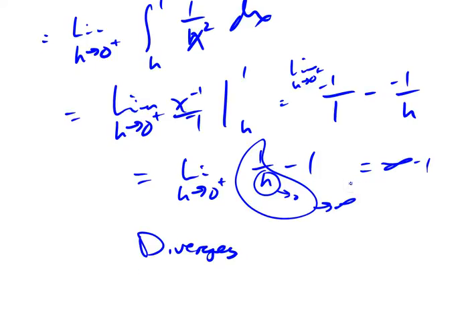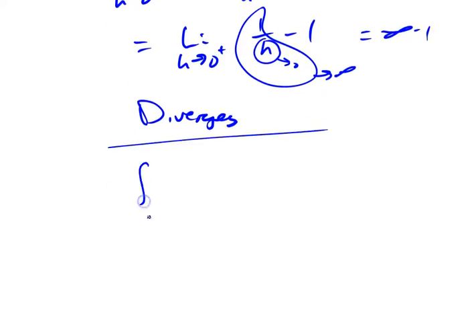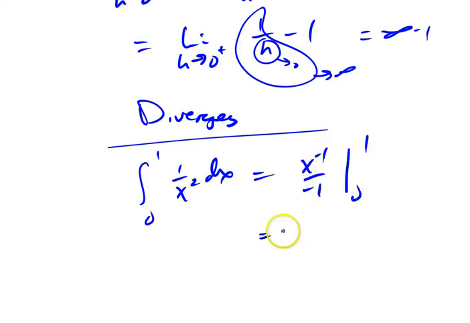Like the other one, I sometimes don't write the limit. The way I would notate this is just the integral from 0 to 1 of 1 over x squared dx integrates to, again, x to the negative 1 over negative 1, evaluated between 0 and 1. I'm keeping in the back of my mind, I suppose you can't see me when I point at my head to indicate that I'm using the back of my mind, that I'm not really plugging a 0 in, because the function's not even defined at 0.